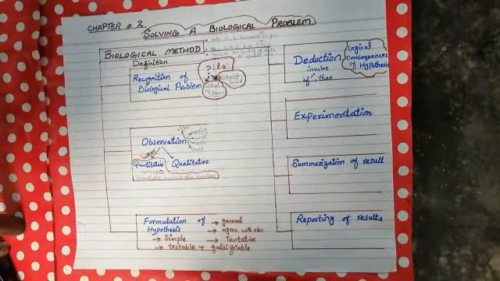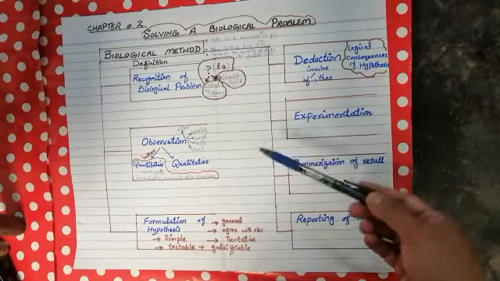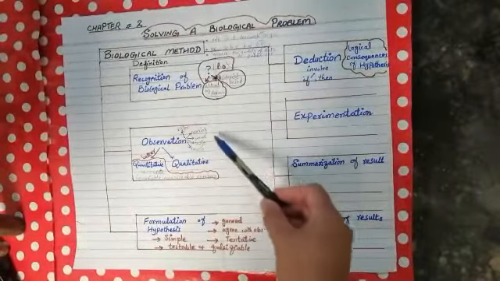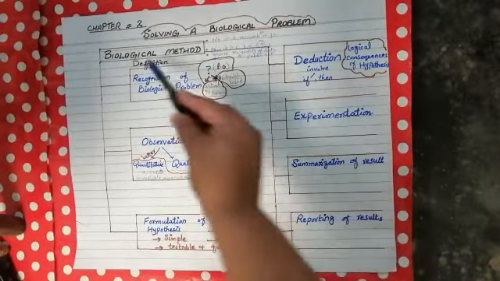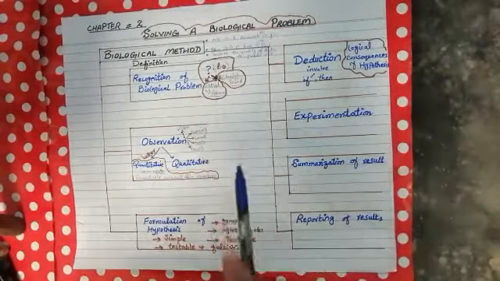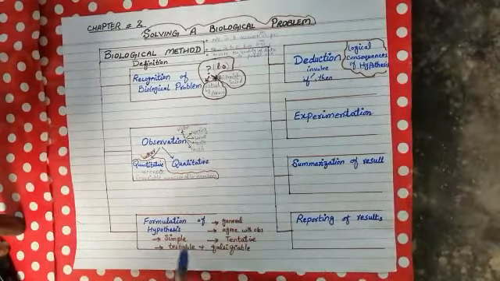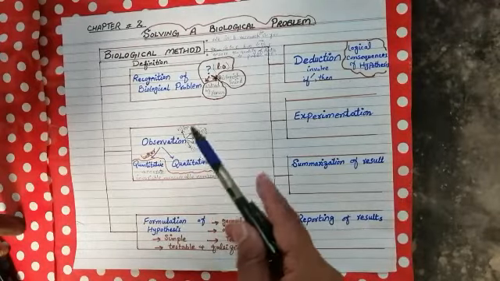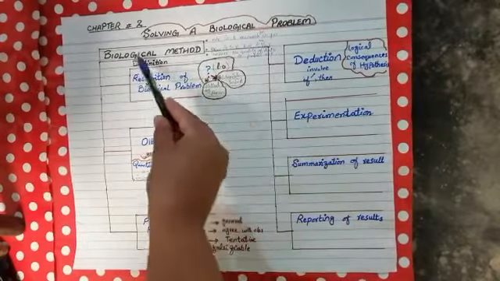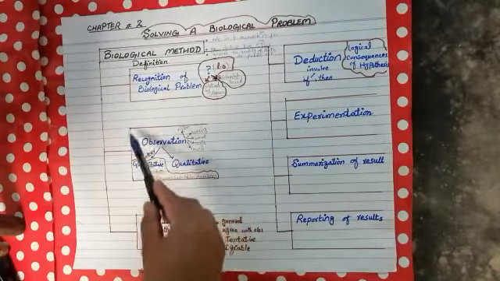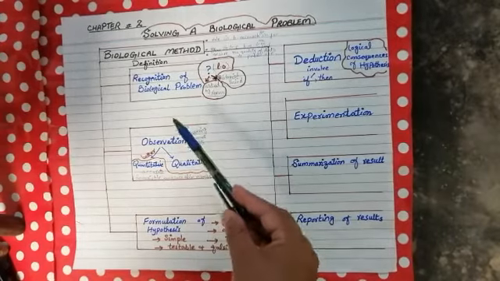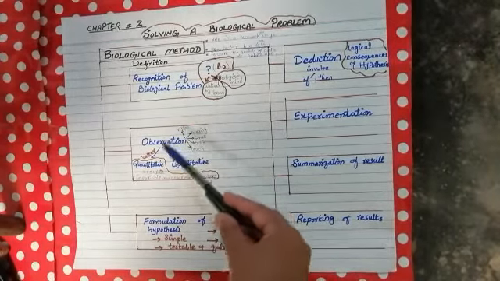What steps can we adopt to solve a biological problem, or what are the steps of biological method? 7 steps are involved to solve a biological problem. First one is recognition of biological problem. Second, observation.